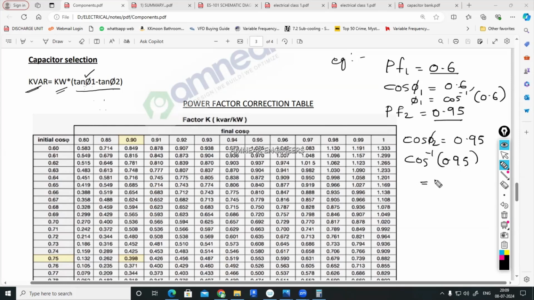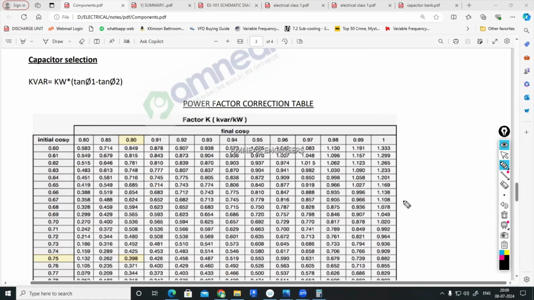We need to calculate that, right? So we will get phi 1 and phi 2 from cos inverse of 0.6 and 0.95. After getting phi 1 and phi 2, we can calculate tan phi 1 and tan phi 2.